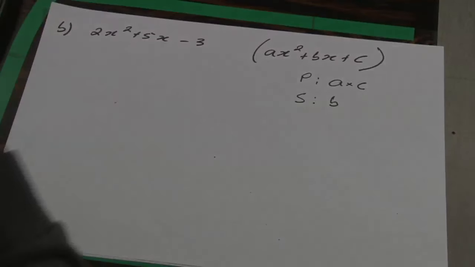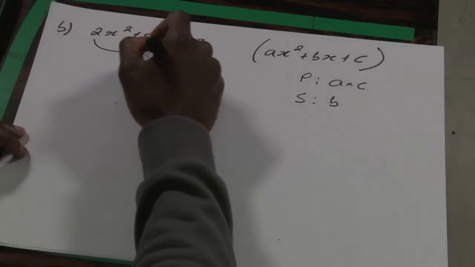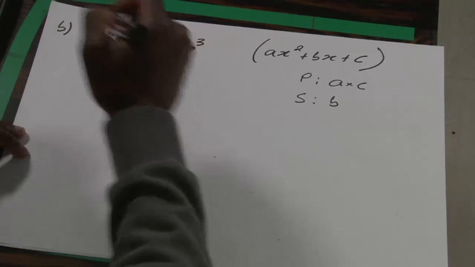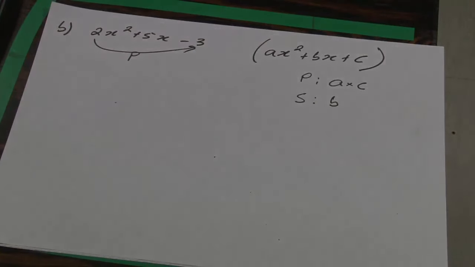Now you determine two numbers such that if you multiply them together, they'll give you your product, and if you add them, they will give you your sum. Okay? And of course, we take it from there. Now, in our case, our product is A multiplied by C.